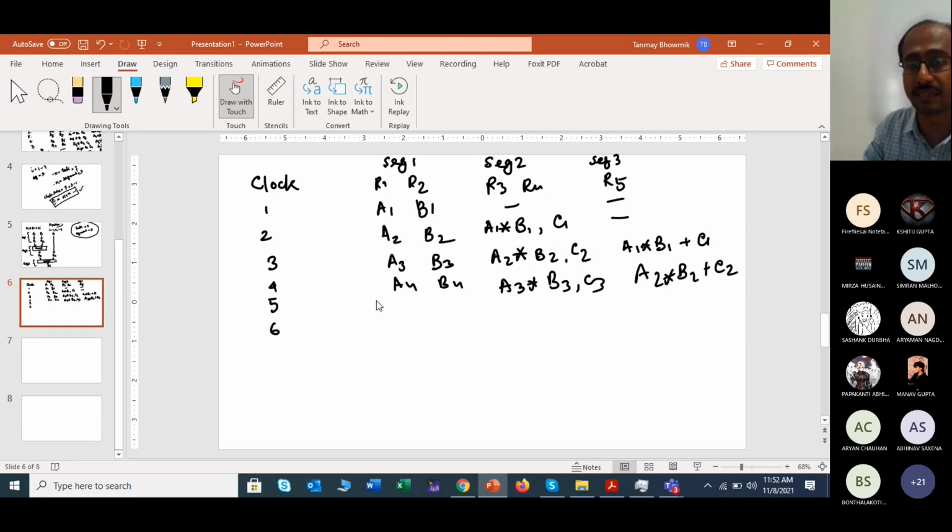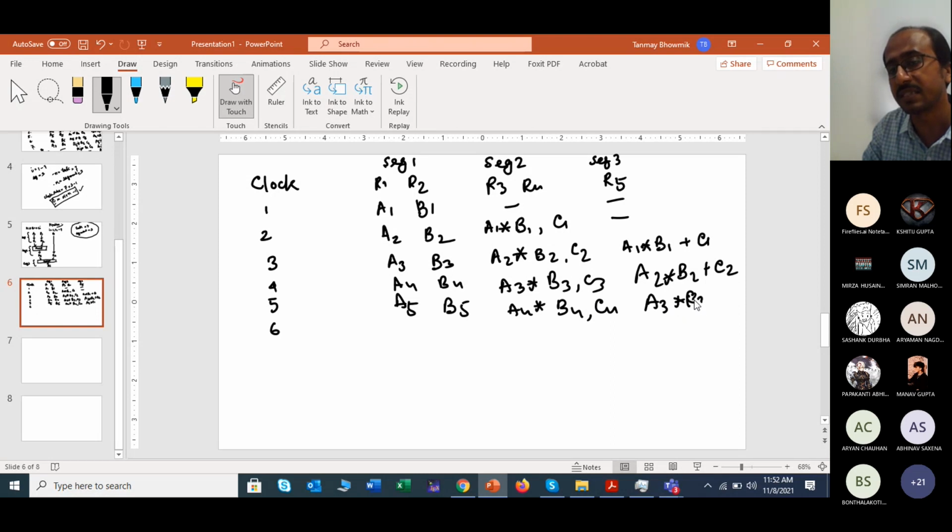In the 5th pulse, it will be A5, B5. In the 5th pulse, it will be A4, B4. In the 5th pulse, it will be A3 multiplied by B3 plus C3.